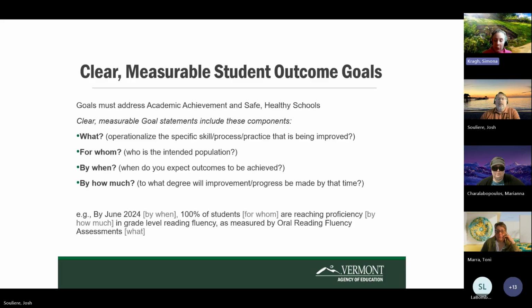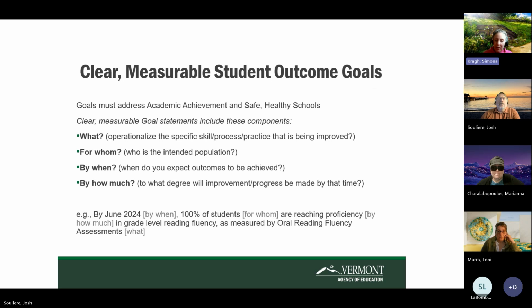What describes the specific skills, processes, and practices that are being improved. For whom identifies the intended population for whom the goal is set. By when specifies when you expect the outcome to be achieved. And by how much indicates the degree of improvement you expect will be made by that time.